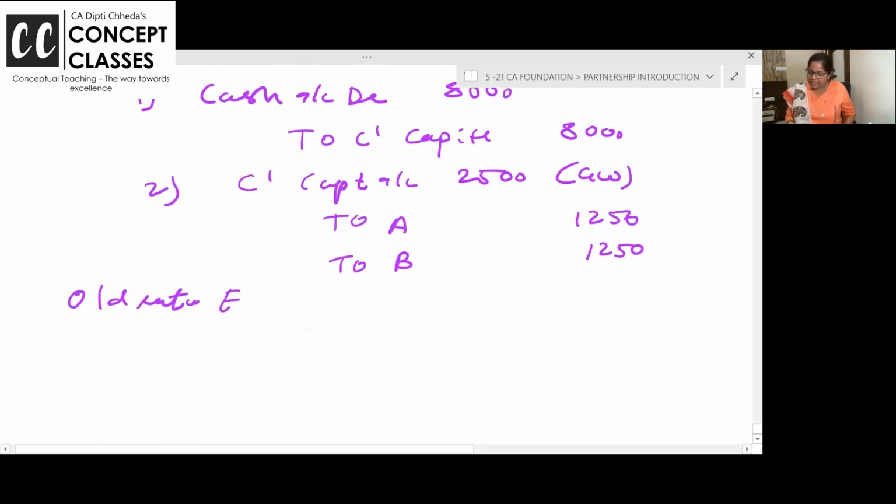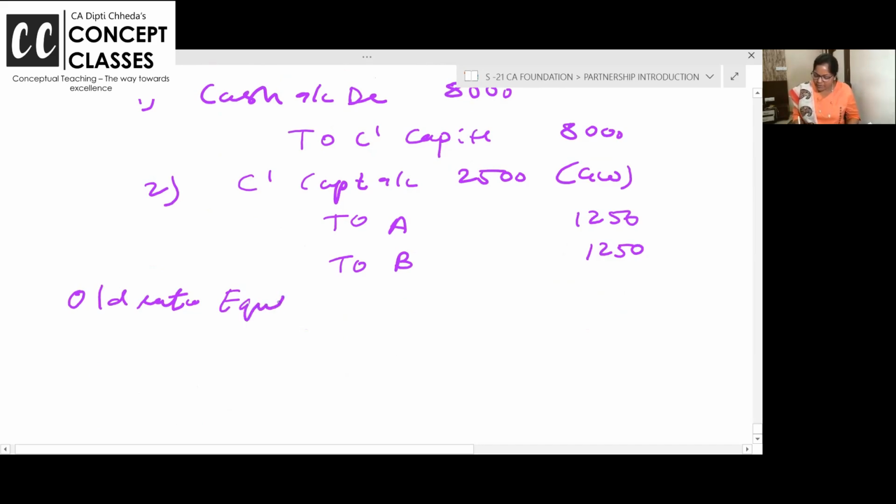C share is clear. Cash to capital, so you got. C's capital account debit 2,500 to A and to B. Okay.